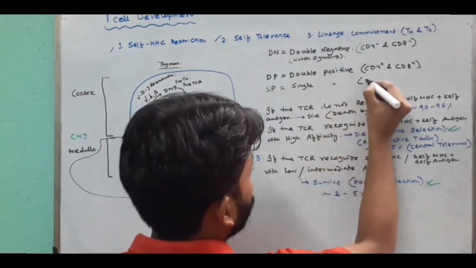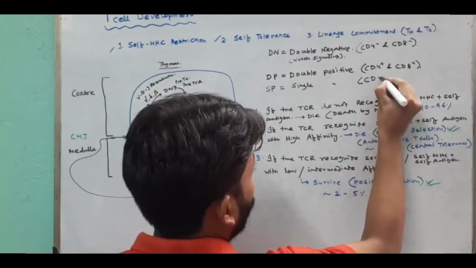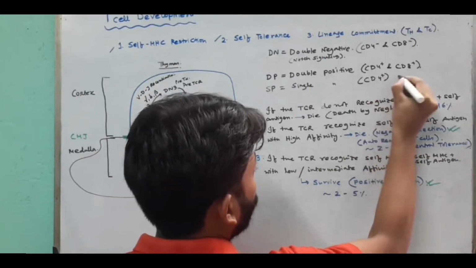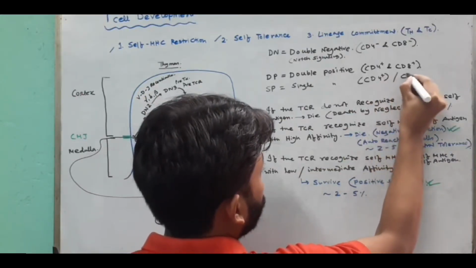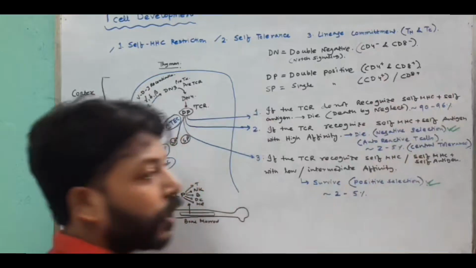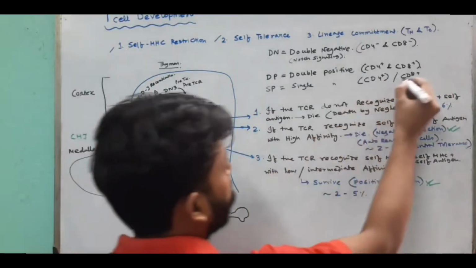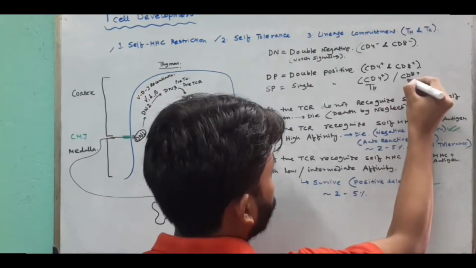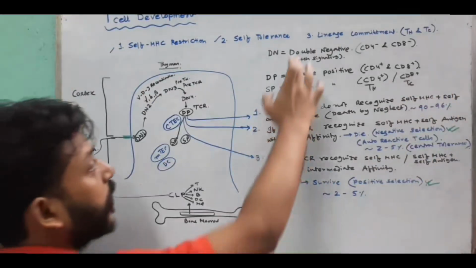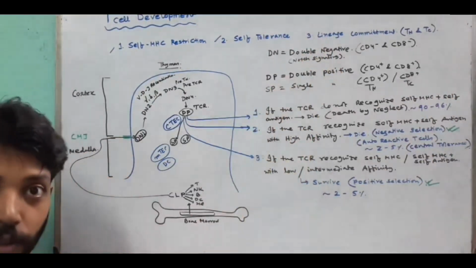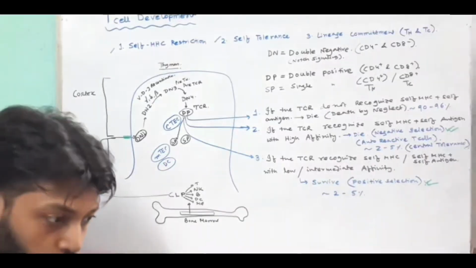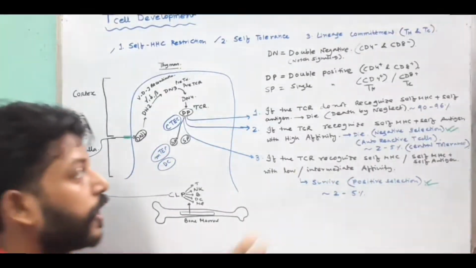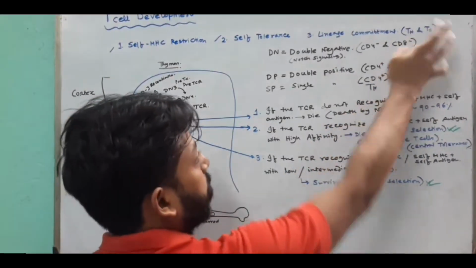Single positive means the cell has only one co-receptor, CD4 or CD8, not both. Those with CD4 are called T helper cells, and those with CD8 are called cytotoxic T cells. Now they are maintaining the third term and condition. They have chosen a lineage: T helper and cytotoxic T cells.